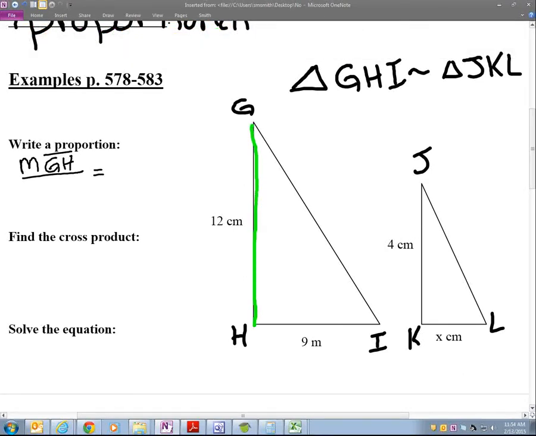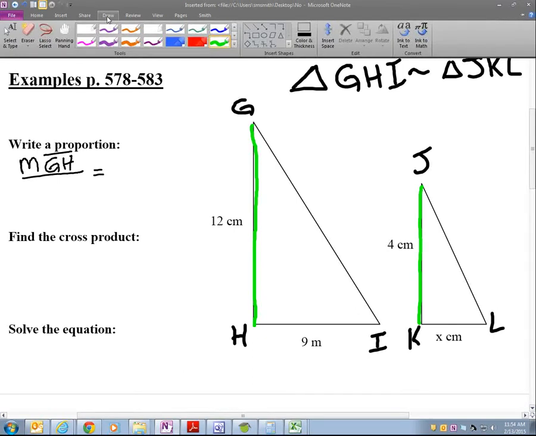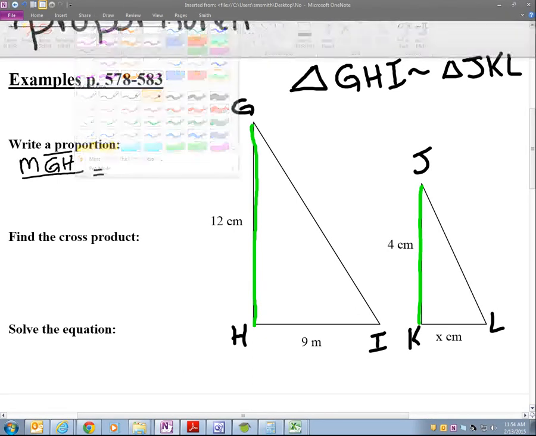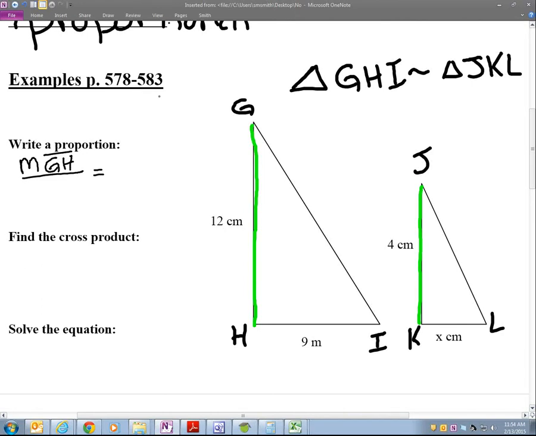We just took care of this one. Now, this is like the mama triangle and this is like the baby triangle. Which side is the corresponding side of the baby triangle? JK. So the measure of side GH is going to be proportionate to the measure of side JK.